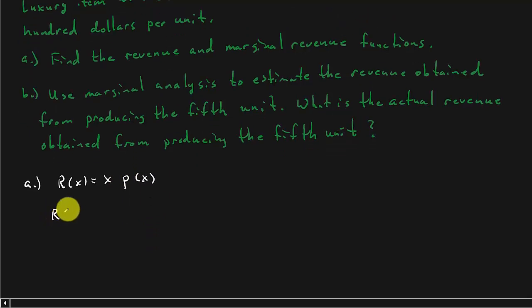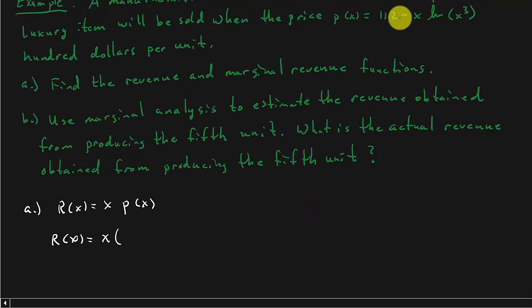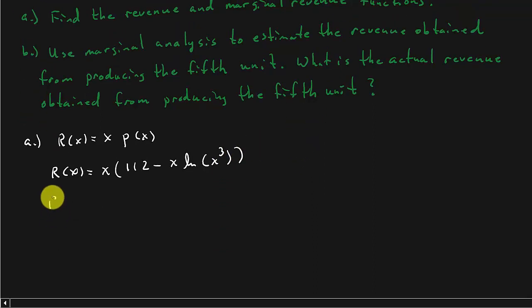So the revenue is equal to x times, where's our function? 112 minus x natural log x cubed. And so our revenue is equal to 112x minus x squared natural log x cubed.